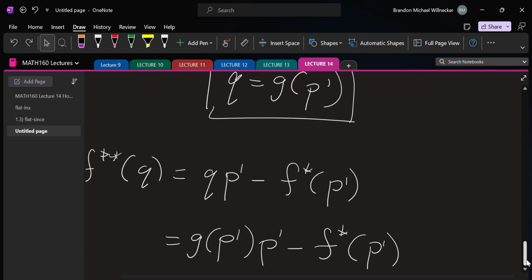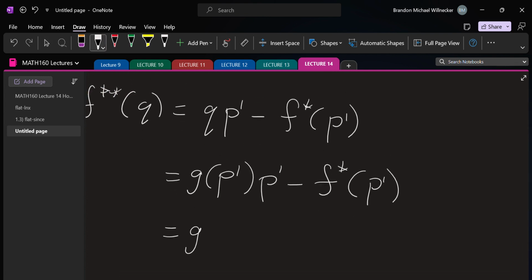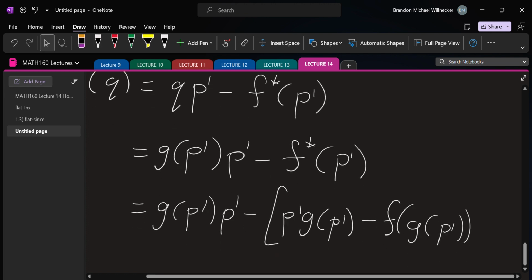Okay, so we're here. F star of p prime. That's going to be the red equation that we had before. So this is going to be g of p prime minus, and then what we had in red. Okay, so that's going to be p prime g of p prime minus f of g of p prime.